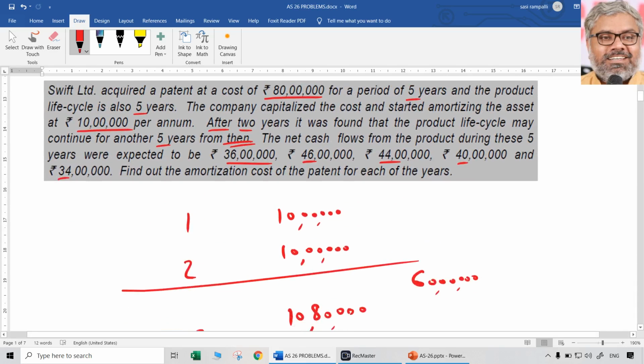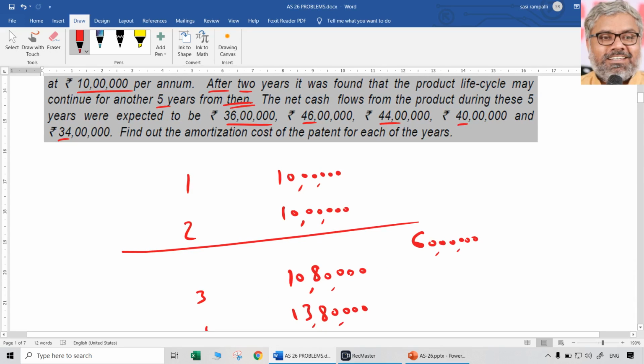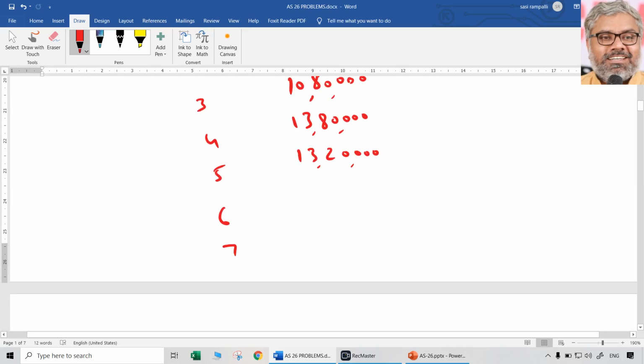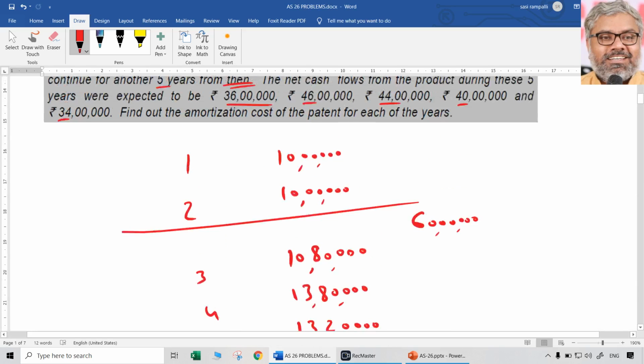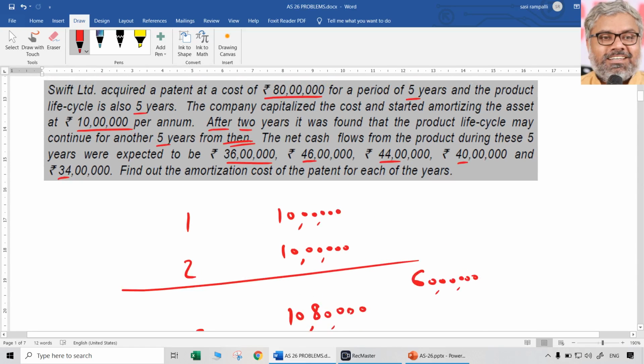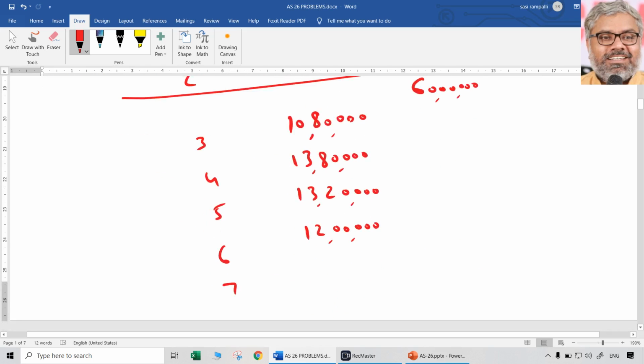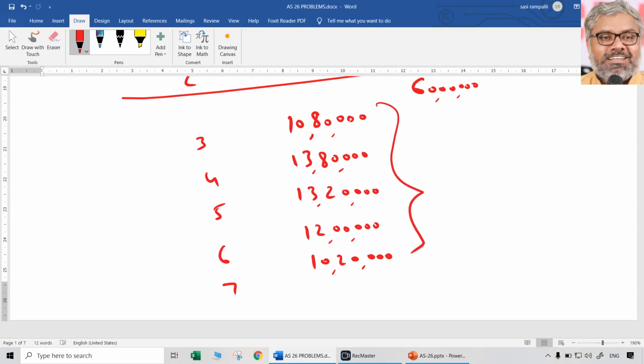Then the sixth year it will be 12 lakhs. Then the seventh year it will be 10 lakhs 20,000. That's it.